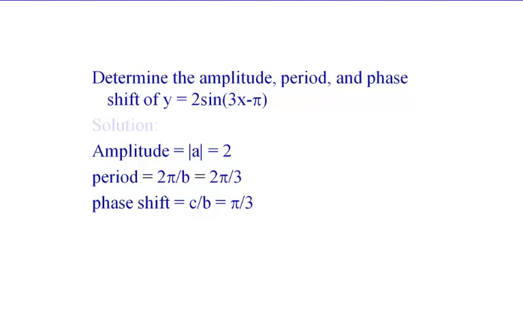So this says determine the amplitude, period, and phase shift of this function. Well, there's the amplitude. Remember, it should be a positive value. The period is 2 pi, but we're going through it B times.